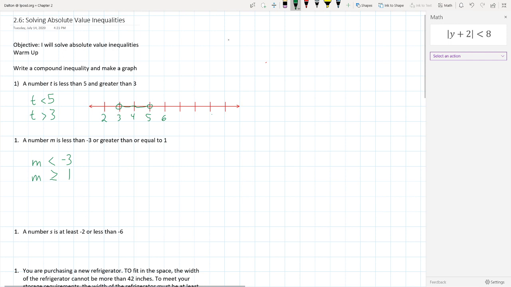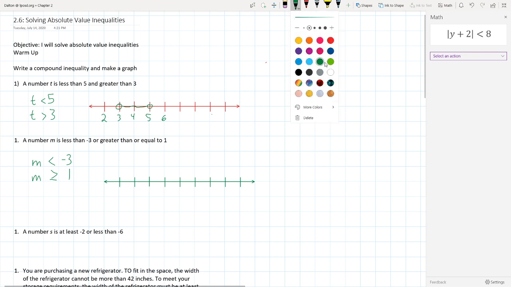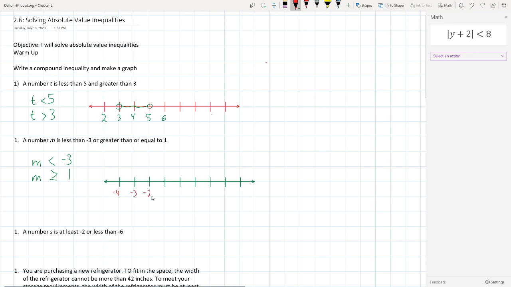And if I go and put my little number line, I want to go to 1. Less than negative 3 is negative 4, negative 3, negative 2, negative 1, 0, 1, 2. I only need to go to 2.